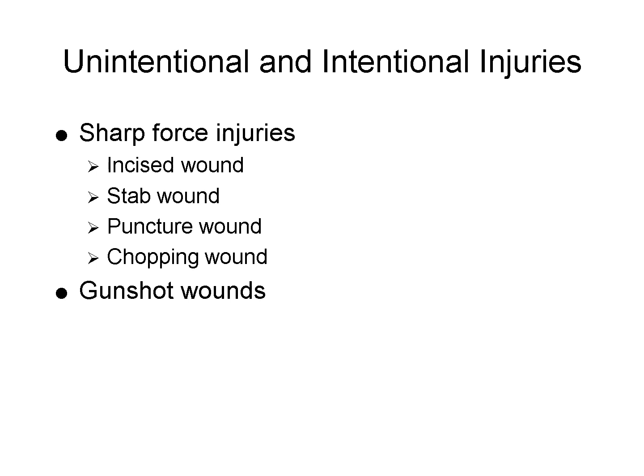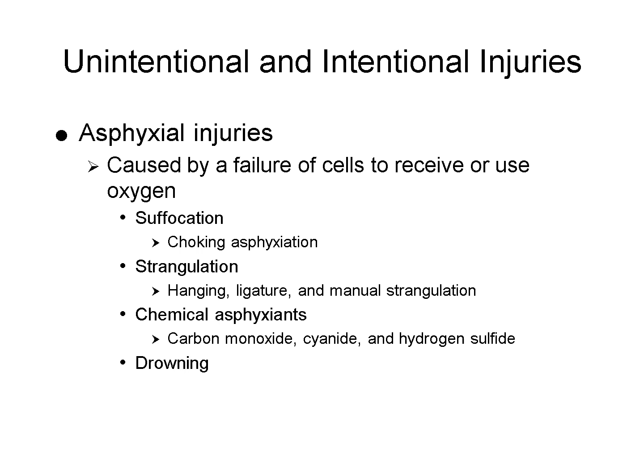Gunshot wounds are another form of penetrating trauma and can vary greatly in severity depending on the weapon, distance, and location of injury. Asphyxial injuries occur when cells fail to receive or use oxygen properly, leading to cellular damage and death. Suffocation results from the lack of oxygen supply, often due to choking.